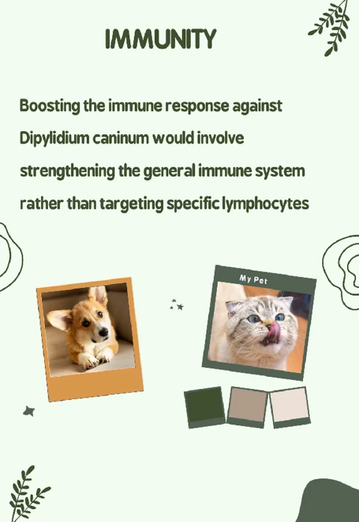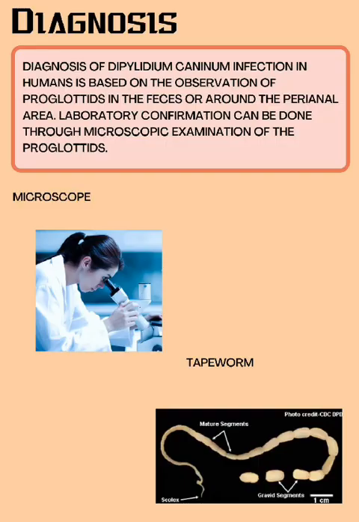So, strengthening the overall immune response helps the body fight off various infections, including parasitic ones like Dipylidium caninum, by enhancing defenses such as phagocytosis and inflammation.